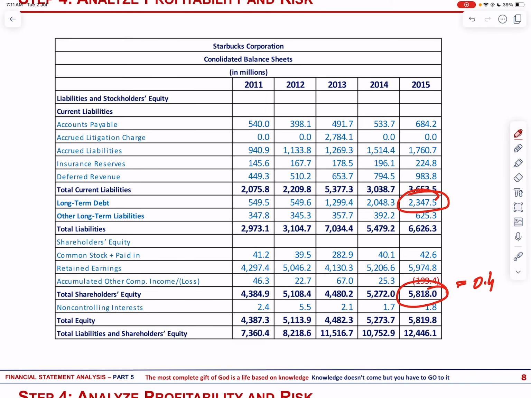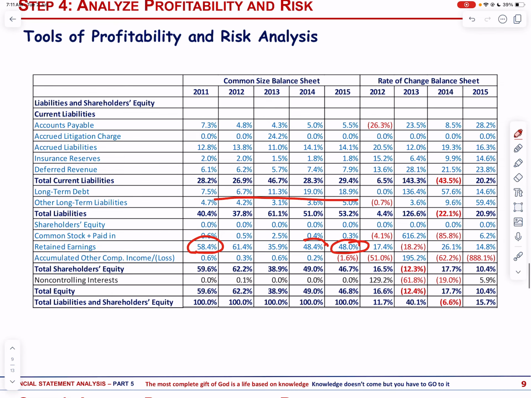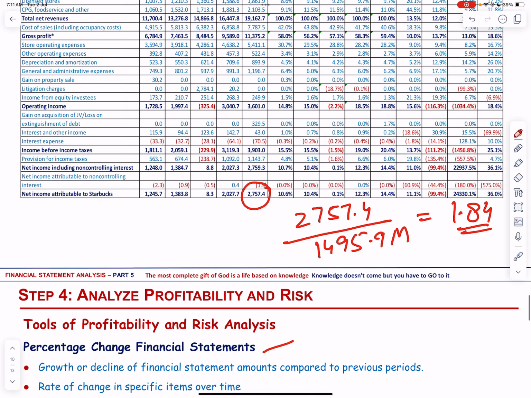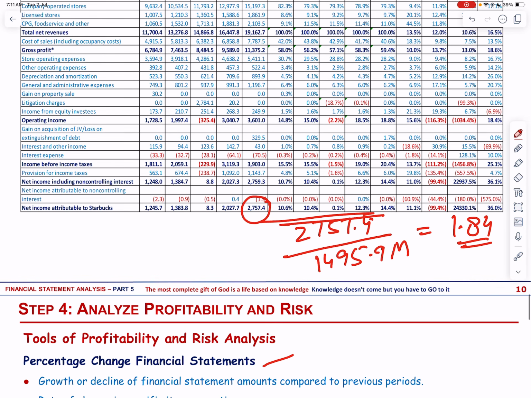So you can see here that despite there is an increase in the leverage, Starbucks has strong profitability in both liquidity and solvency ratios, so Starbucks have a strong profitability over here.